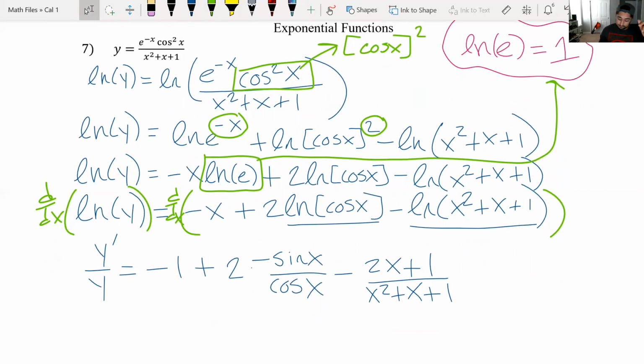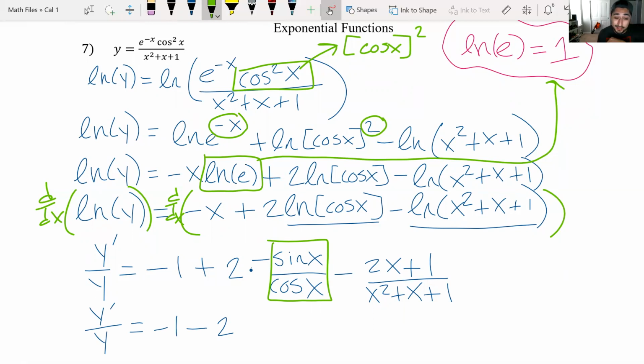Now, cleanup time. So remember that this is times, that's 2 times that. And I get y prime over y equal to -1 plus 2, actually no, minus 2, and what is the identity for sine over cosine?